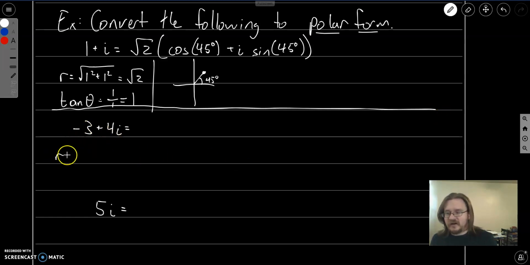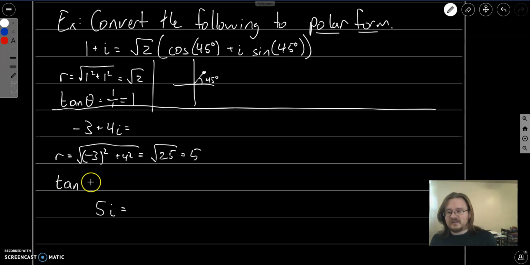So let's take r, and that's going to be negative 3 squared plus 4 squared, and I need to take the square root of that. Negative 3 squared is 9, 4 squared is 16, so this is going to be the square root of 25, which is 5. And then the tangent of theta is going to be y divided by x, so it's going to be negative 4/3.